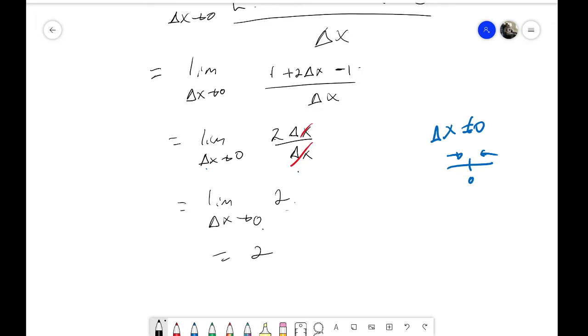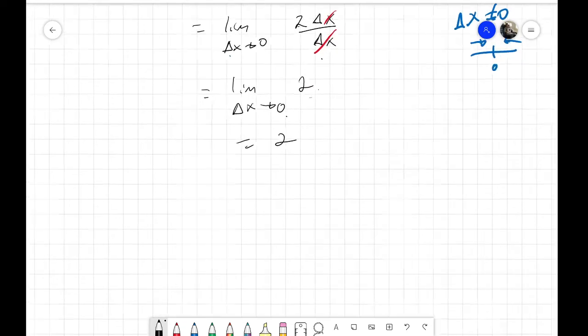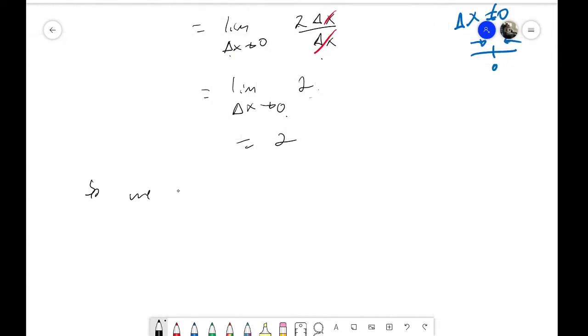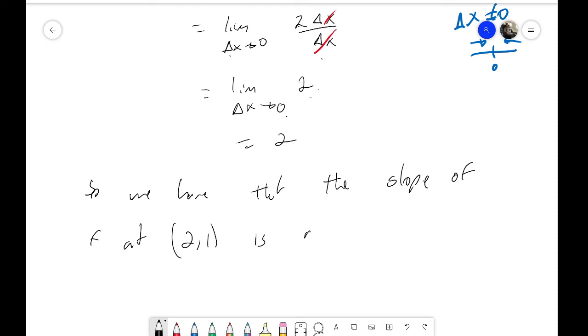So what does this mean? So we have that the slope of f at 2 is m equals 2, which is what we expected.